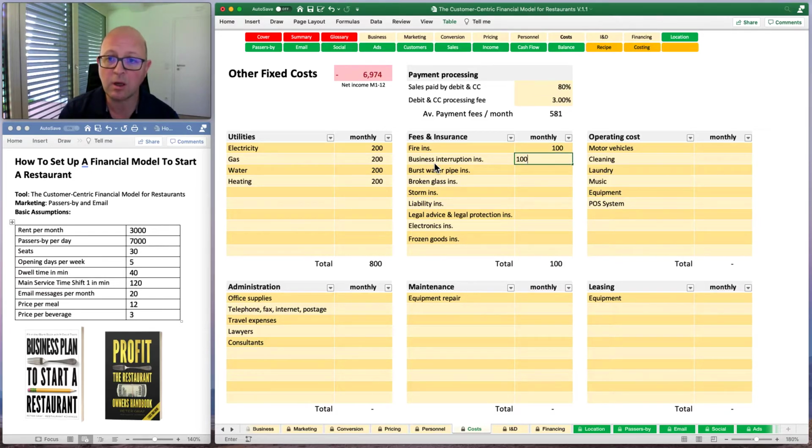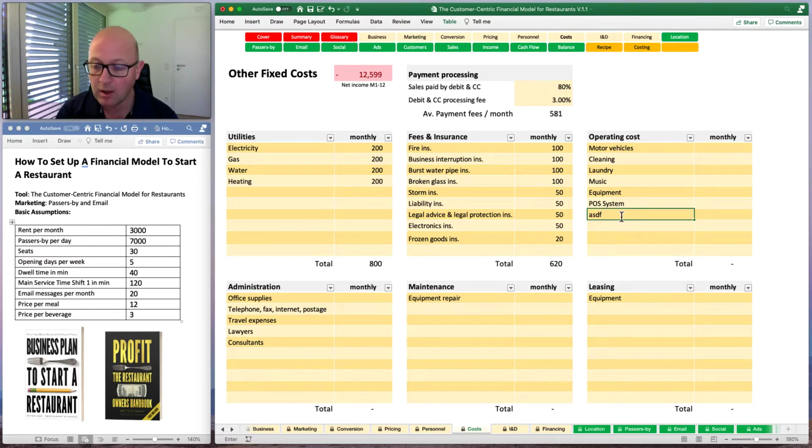Insurance, okay, we buy insurance, here maybe 50. And operating costs. These are all numbers per month. These are suggestions. Of course, you can put in your own operating costs as you like and want to prepare. I just put in some numbers.